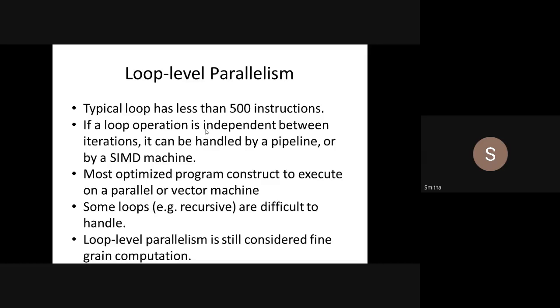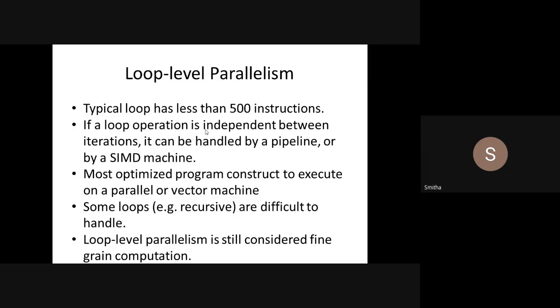It should not change the purpose for which it was created. In compiler design we have seen what optimization is, with an example. Some loops are difficult to handle. If we have recursive loops, they are difficult to handle, so they will not fall into loop level parallelism. Loop level is non-recursive, as we have seen. So loop level parallelism is still considered fine grained computation.